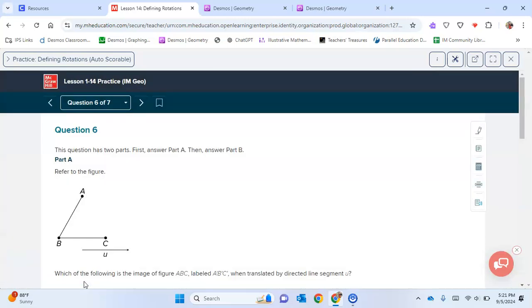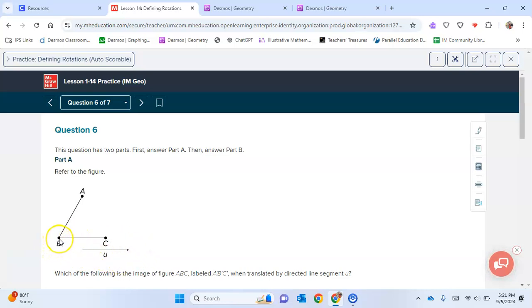Question 6. This question has 2 parts. First answer part A, then answer part B. Which of the following is an image of the figure ABC labeled A prime, B prime, C prime when translated by directed line segment U? All right, so you're just going to move it right.